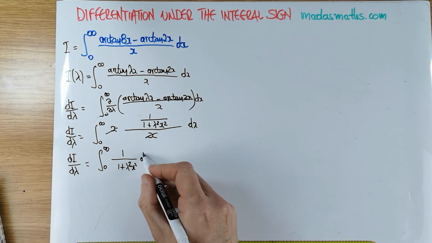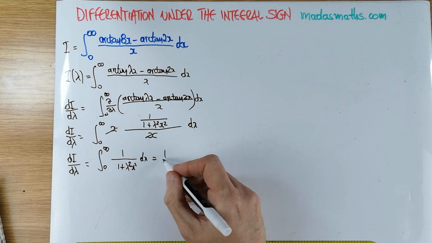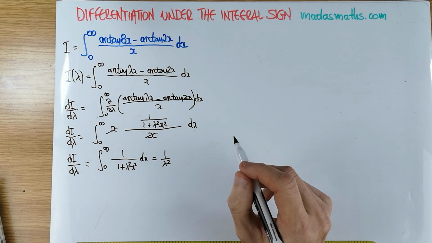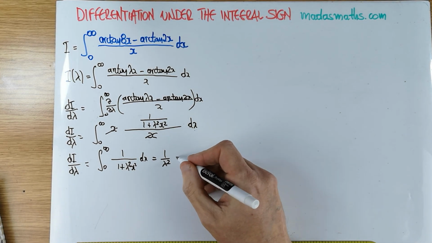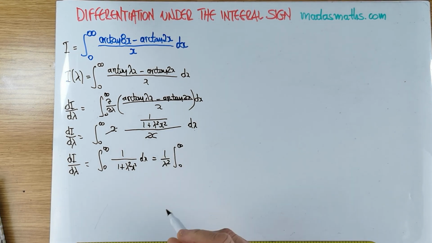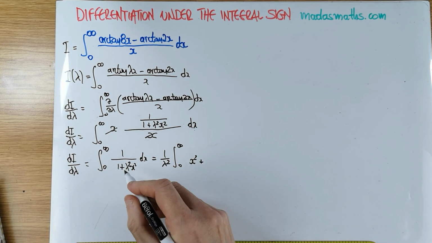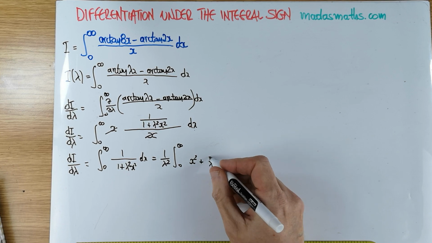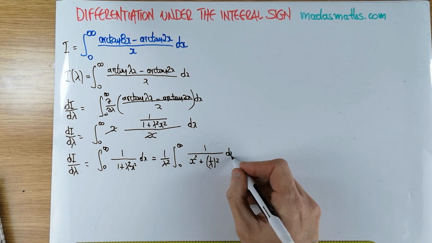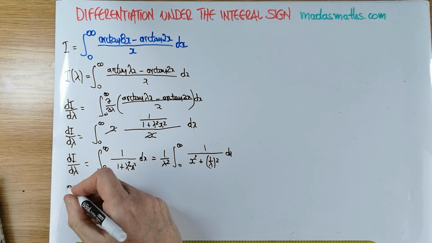This is an arctan integral, which just needs a little tidying to get into the standard form. So we're going to factorize the 1 over lambda squared outside the integral. This is now 1 over lambda squared, integral from 0 to infinity of 1 over x squared plus 1 over lambda squared, dx. Now I'm going to carry out the integration.